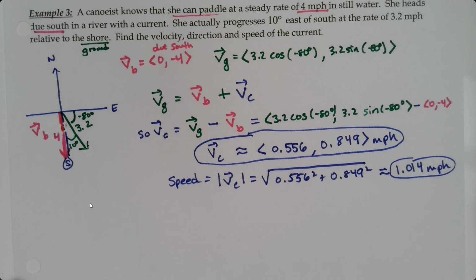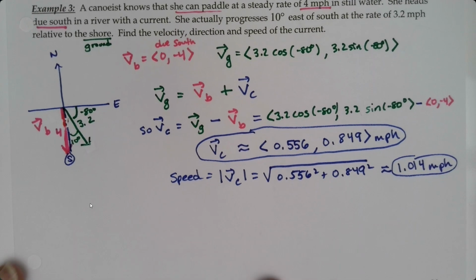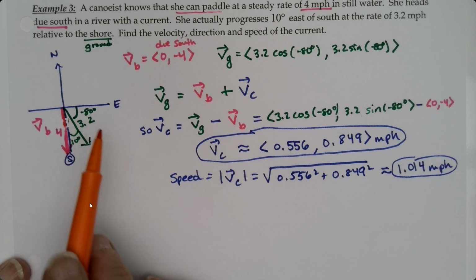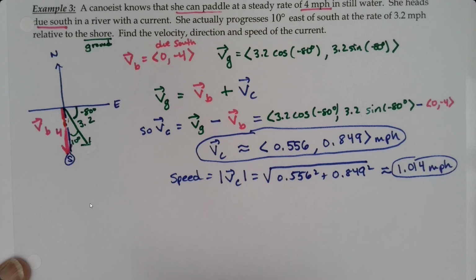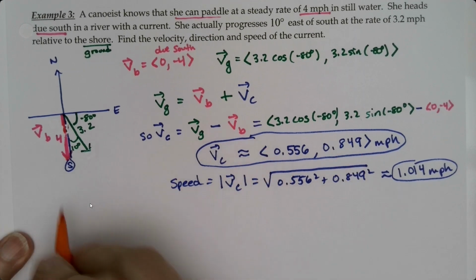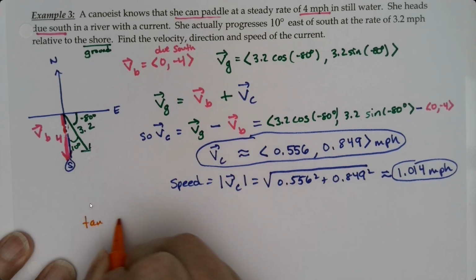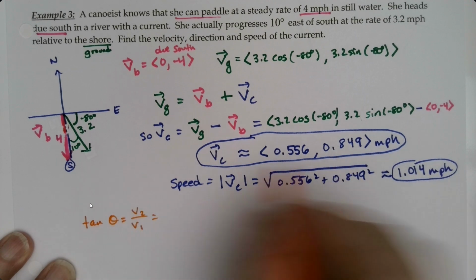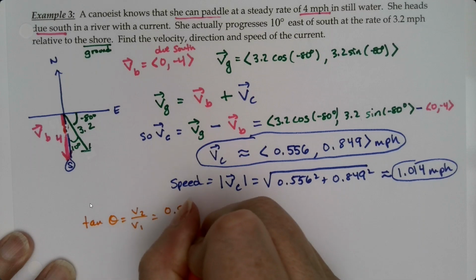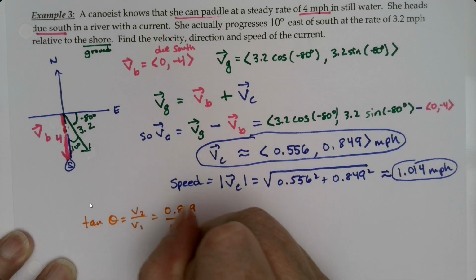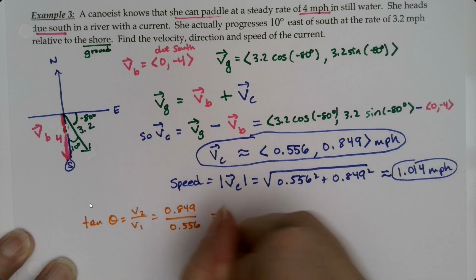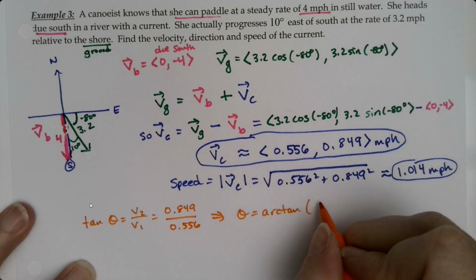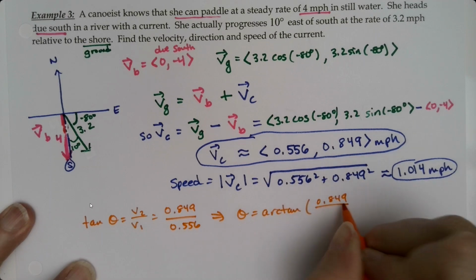Now, as to direction, we need a reference angle, right? Not the 80. That's the velocity with respect to the ground. There's another angle here that we can't see. So we need to use this velocity with respect to the current. And the tangent of theta is v2 divided by v1, which would be 0.849 divided by 0.556. That means that theta is the arctangent of those values divided.